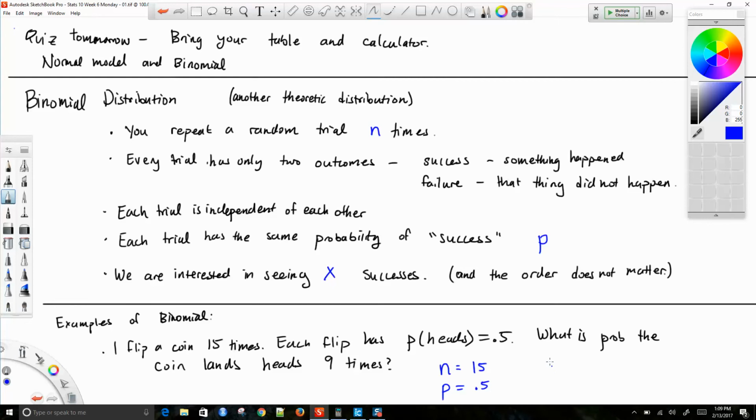And what is my x? 9. Okay? And in this case, the order doesn't matter. I don't care if it's the first 9 flips that have to be heads, or the last 9, or the first 3 and the last 6, or some other weird arrangement. It doesn't matter. It's just after I flip the coin 15 times, I need 9 heads. That's what we're talking about here.